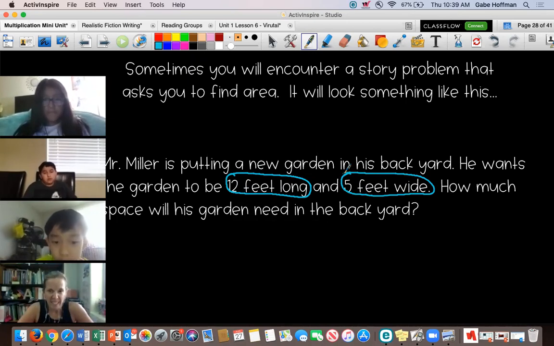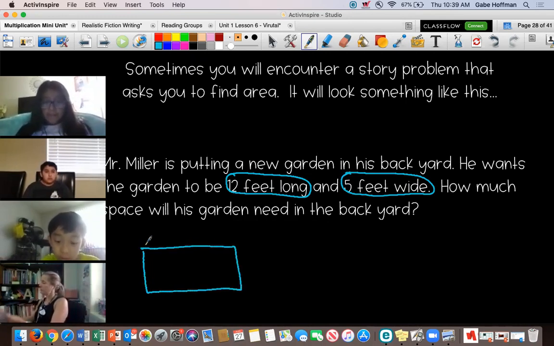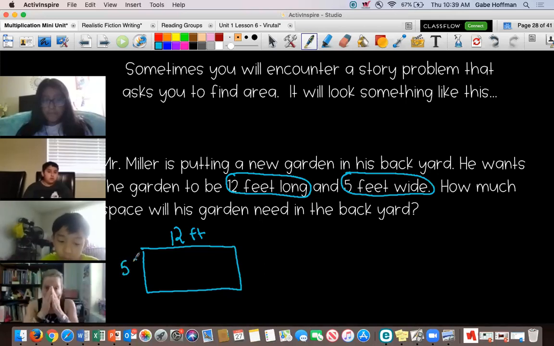When you have a problem like this, I always tell you guys, draw the rectangle to help you picture it visually before you just go to solve it. So I'm going to draw a rectangle, and I'm going to label the top 12 feet, and label the side 5 feet.